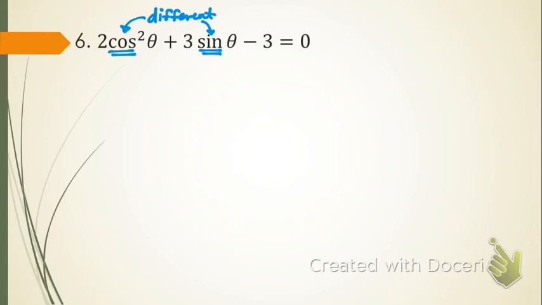So what is my Pythagorean substitution going to be? What can I replace? 1 minus sine squared is going to take the place of cosine squared. So that's going to go inside parentheses. I'm going to bring everything else down. So that 2 is going to be distributed to 1 minus sine squared.